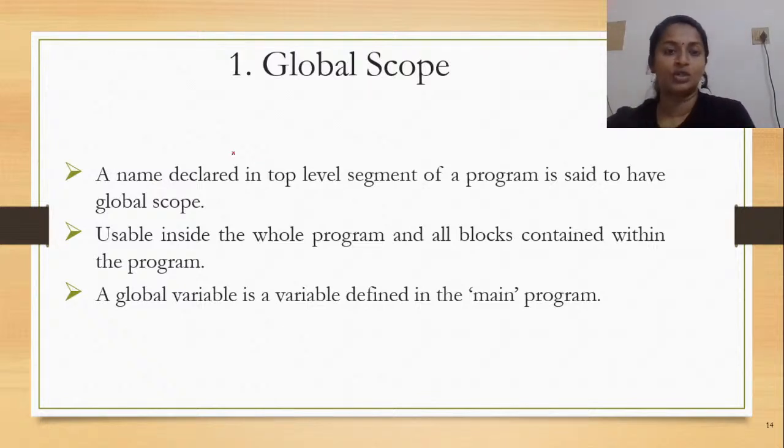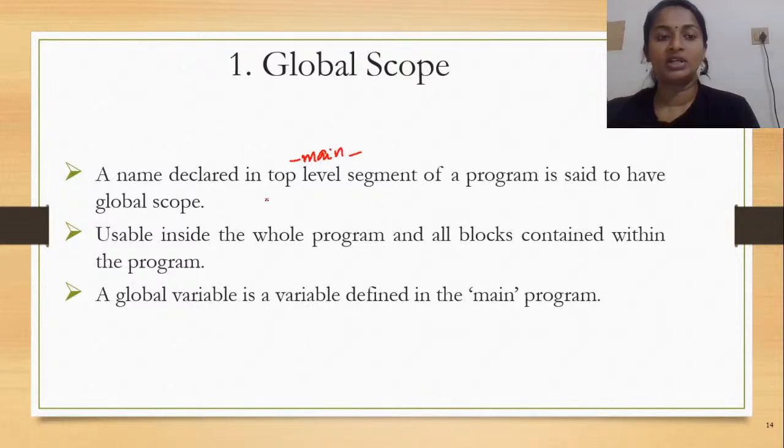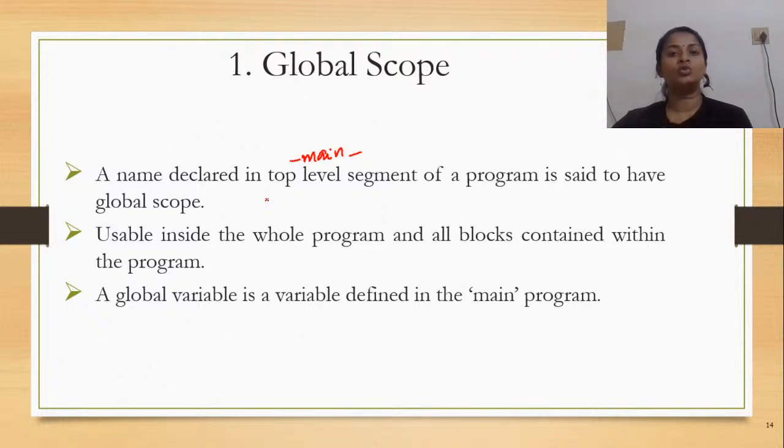It would naturally be your main program, or the main function. So whatever is in the main can be considered to have global scope, and can be used in all other functions or any other places, including the main function of the same program. Is the idea clear?